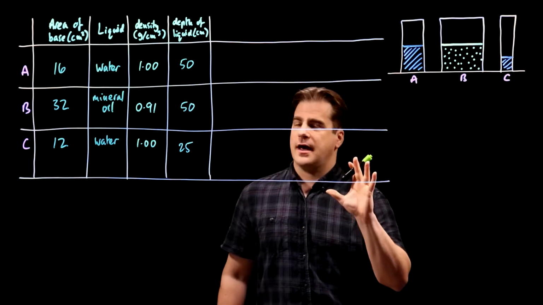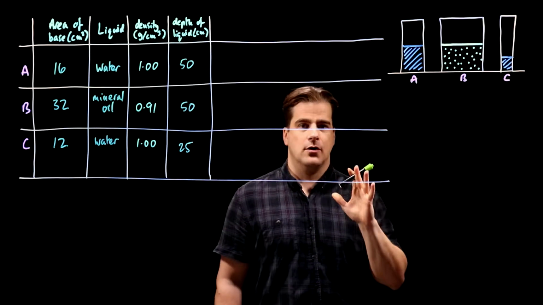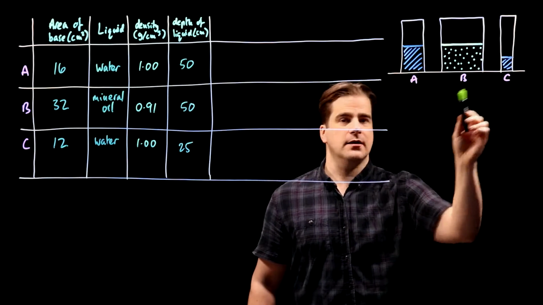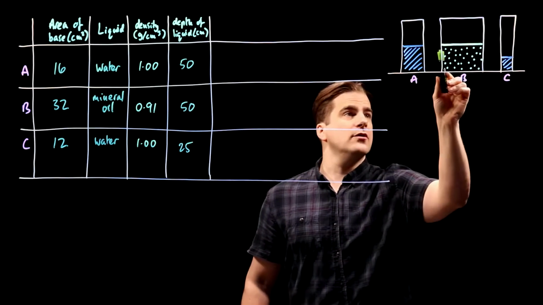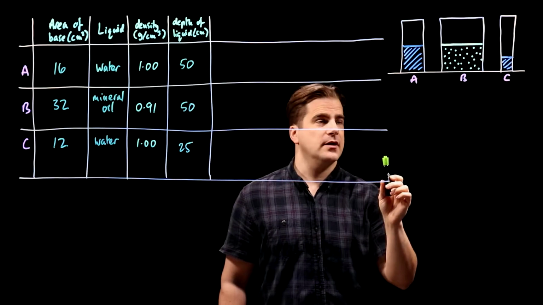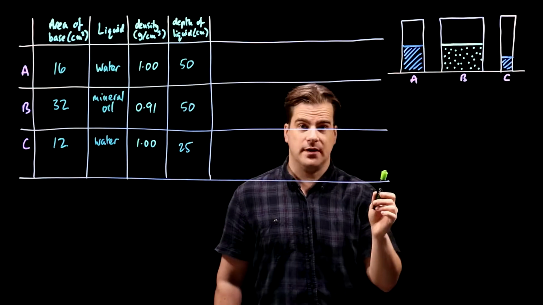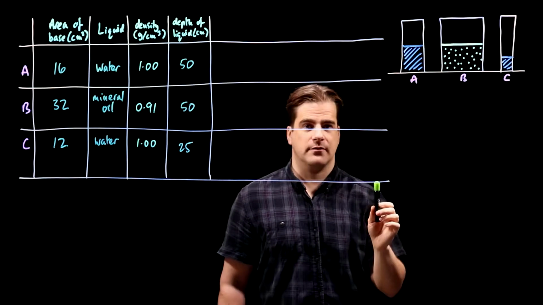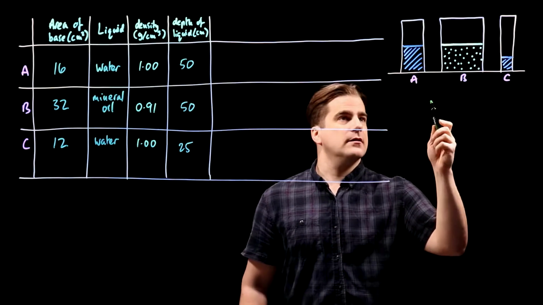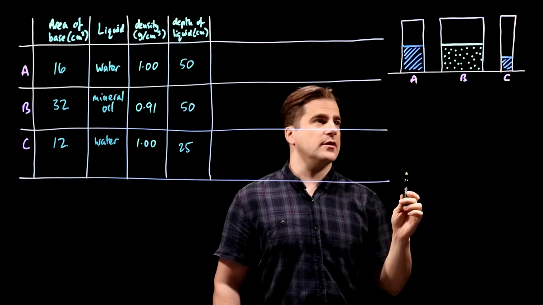Okay, so explain which has the highest pressure and which has the lowest. The pressure at the bottom of these containers doesn't depend on the width of the container, okay? The pressure depends on the depth of the liquid and the density of the liquid. So let's compare A and C to start with.